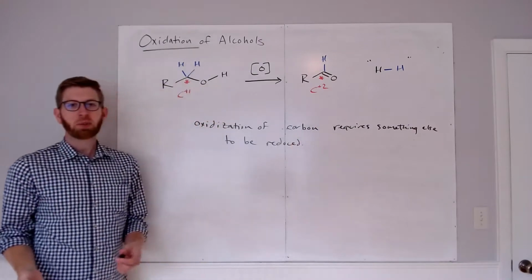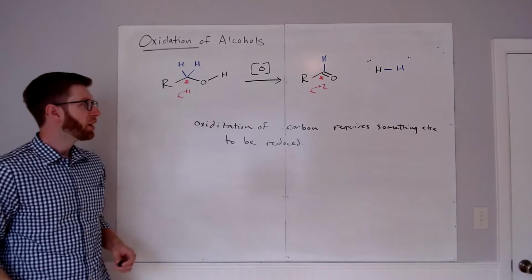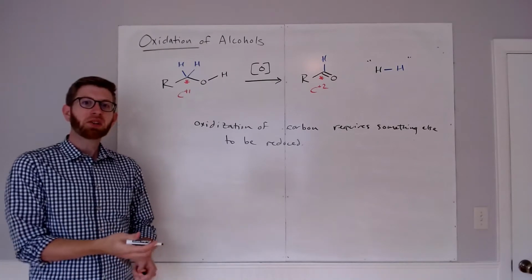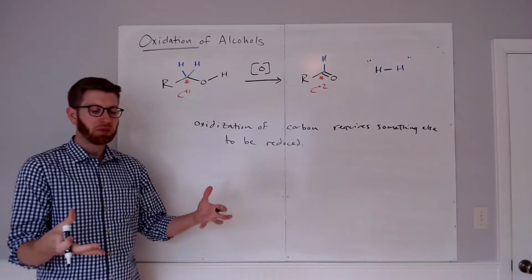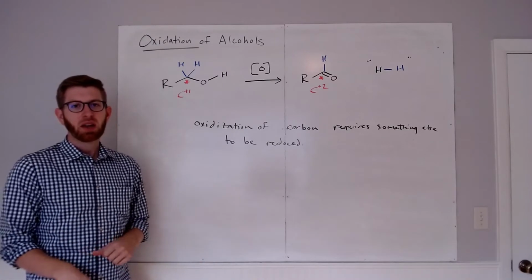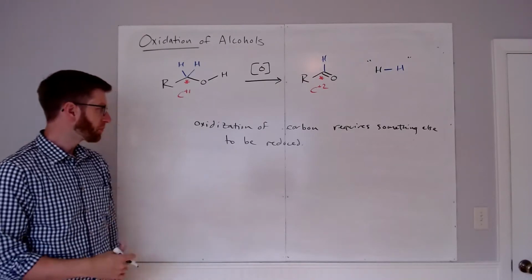We learned about this back in general chemistry. You might have learned some mnemonics like LEO says GER or OIL RIG. Those kinds of mnemonics remind you that there's a coupling between an oxidation and a reduction. They have to be happening simultaneously, in essence because we're redirecting electrons from one substrate to another.